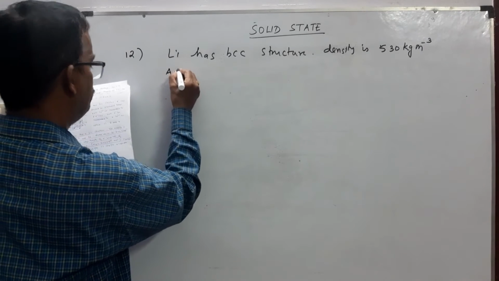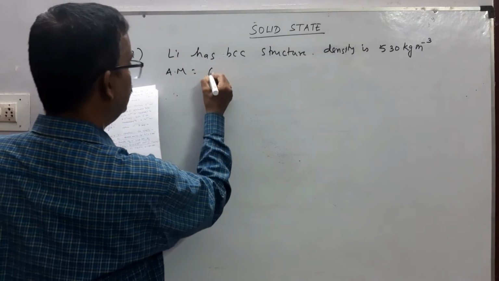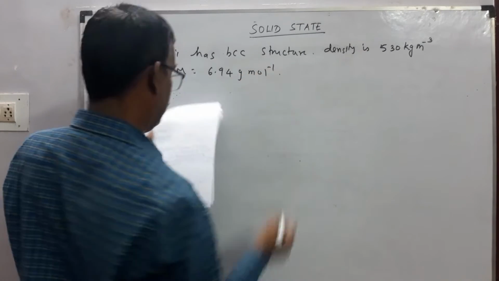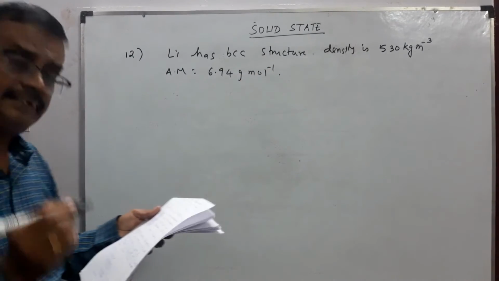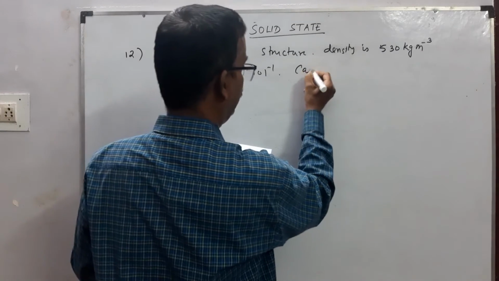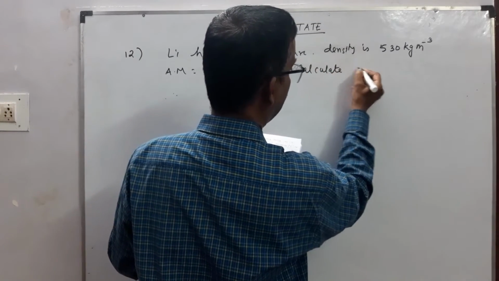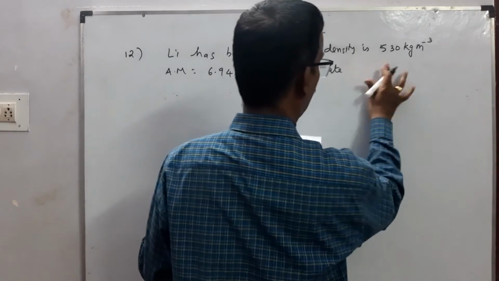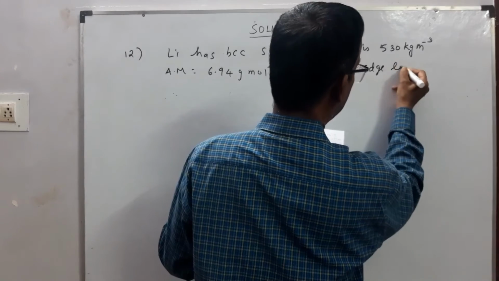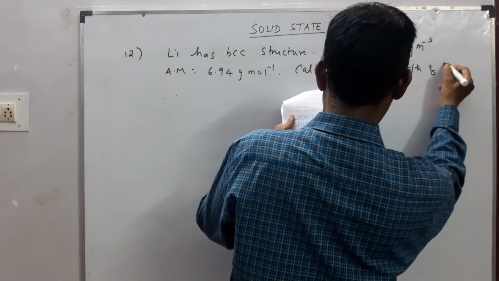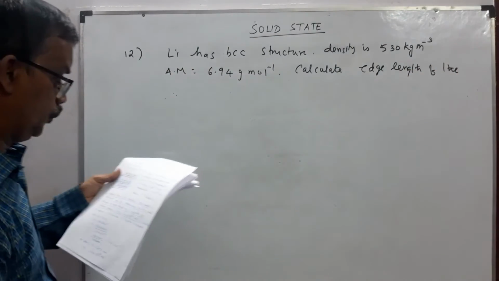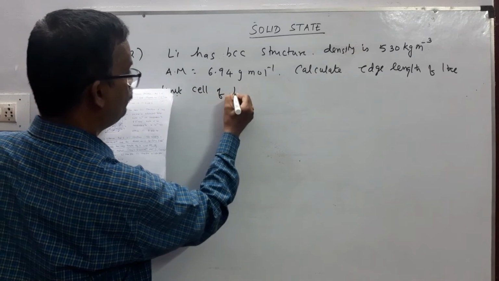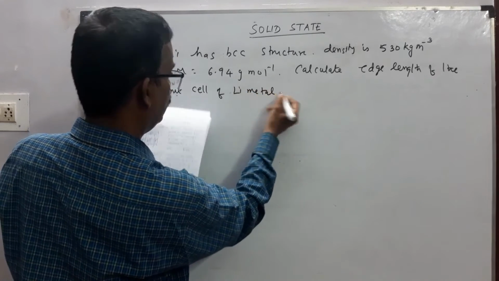Atomic mass of lithium is 6.94 gram per mole. Calculate the edge length of the unit cell of lithium metal.